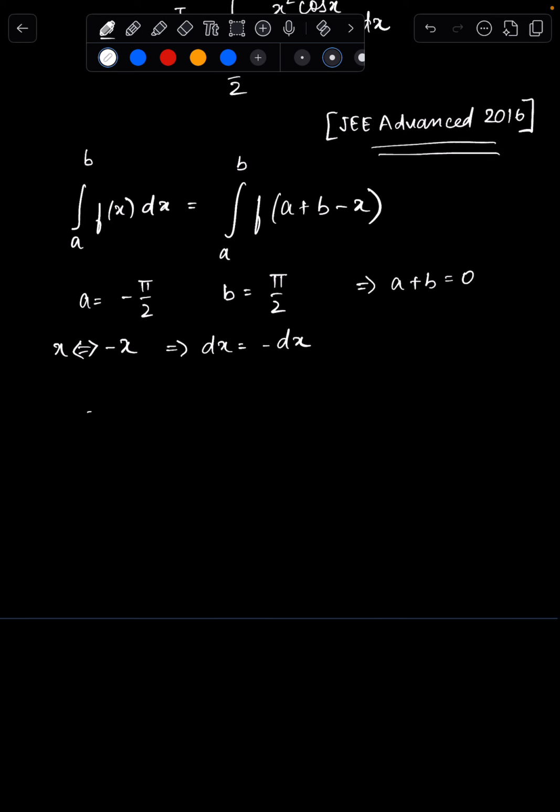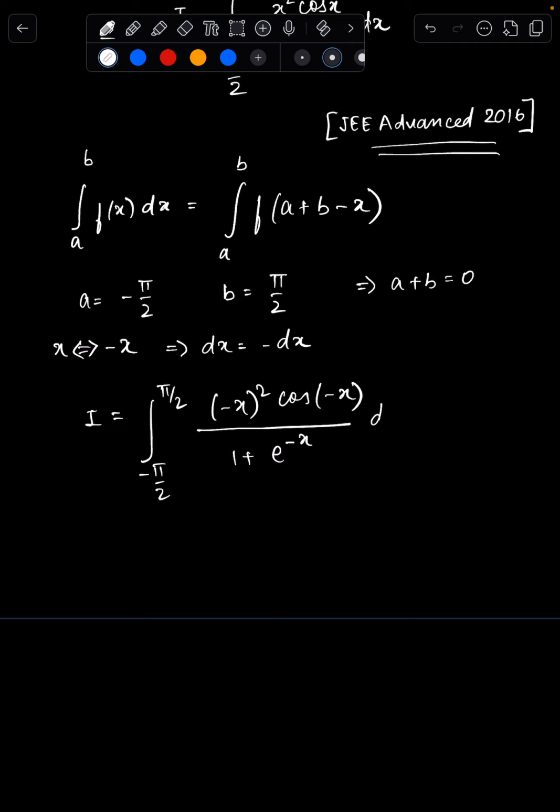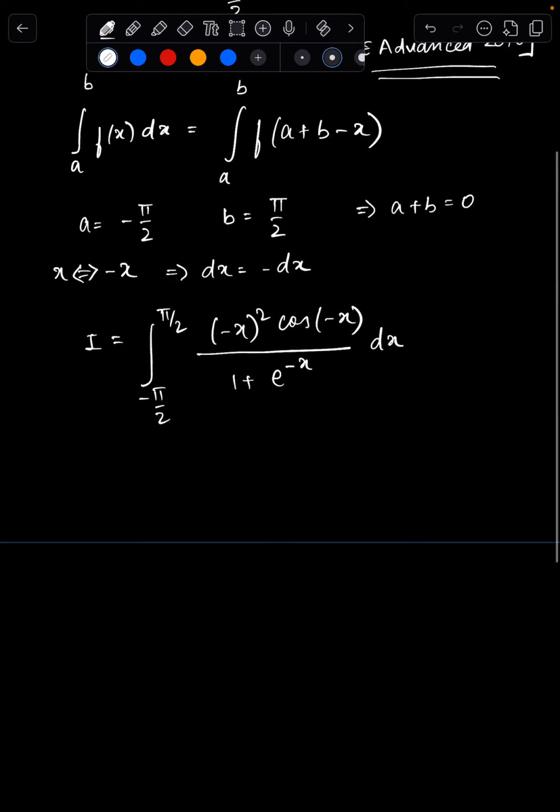I is equal to integral over minus pi by 2 to pi by 2 of minus x whole square cos of minus x by 1 plus e power minus x, and this negative dx I have adjusted in the limits.